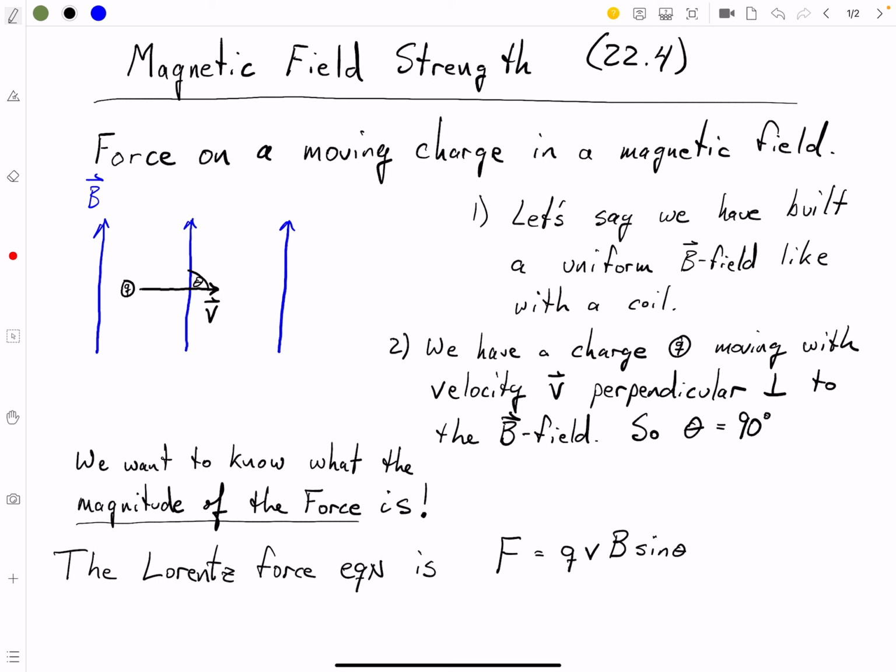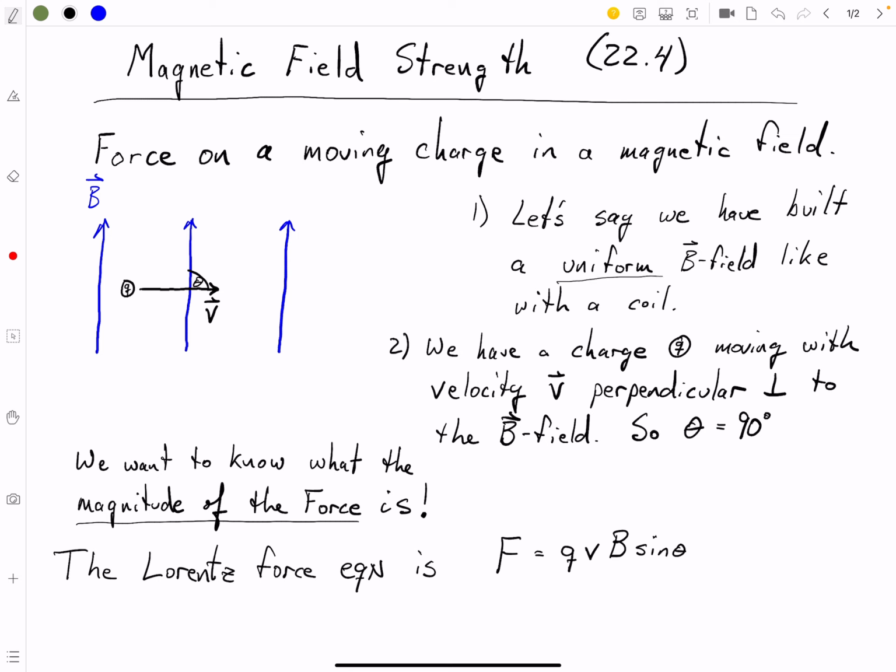So let's say we've built a uniform magnetic field. The last thing we ended up with today in class was a solenoid, a wire coil that has a current running through it, and that generates a B field, a nice good magnetic field. Uniform, that's one of the keys. We want it to be a uniform B field.